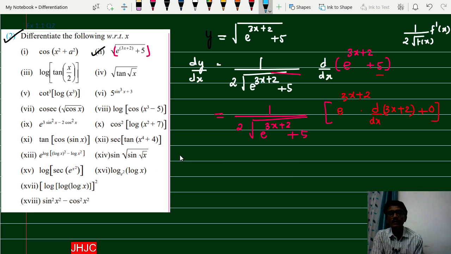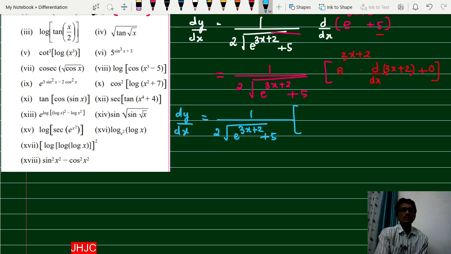We are getting here answer: dy by dx is equal to 1 upon 2 root of e raised to power 3x plus 2 plus 5 and into derivative of this, which is 3.